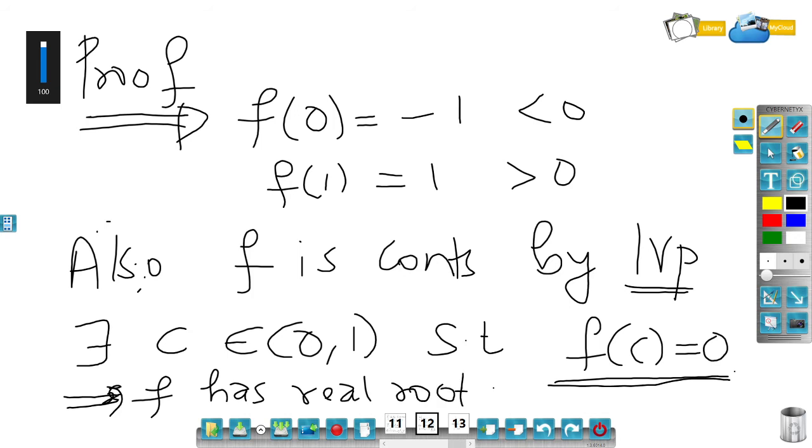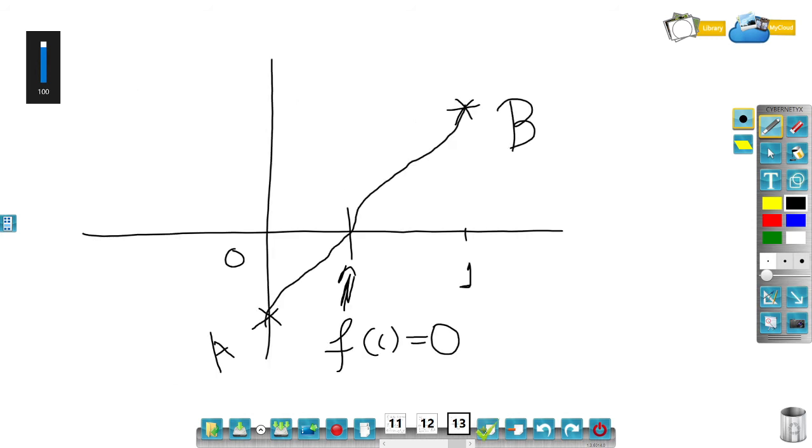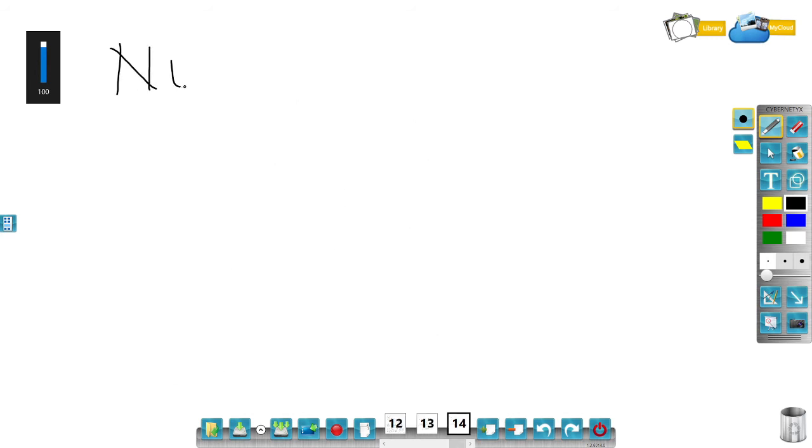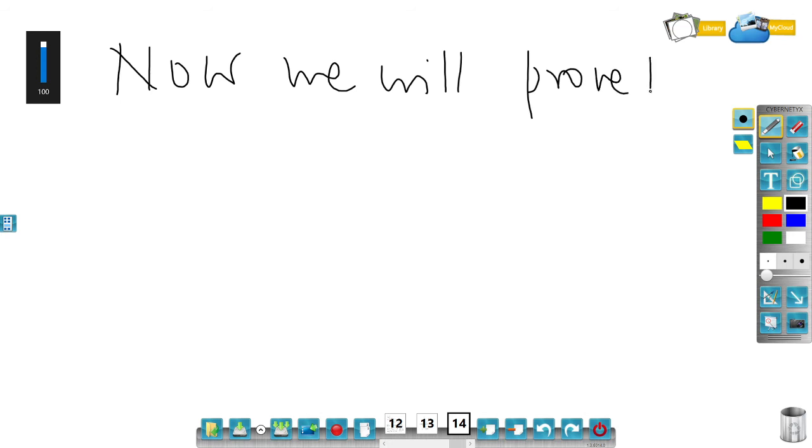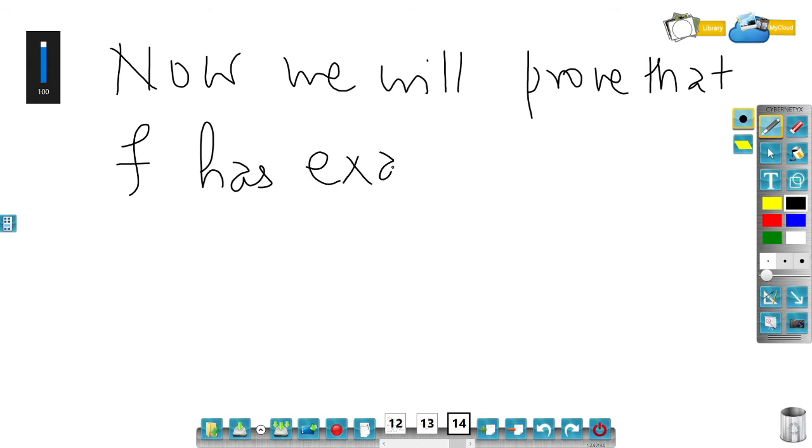Now I need to prove that it has exactly one real root. Now we will prove that f has exactly one real root.